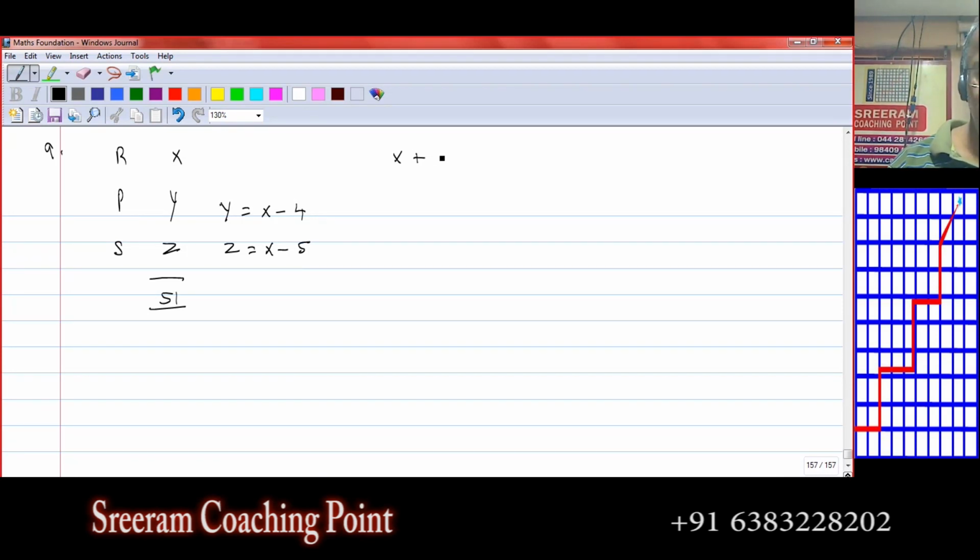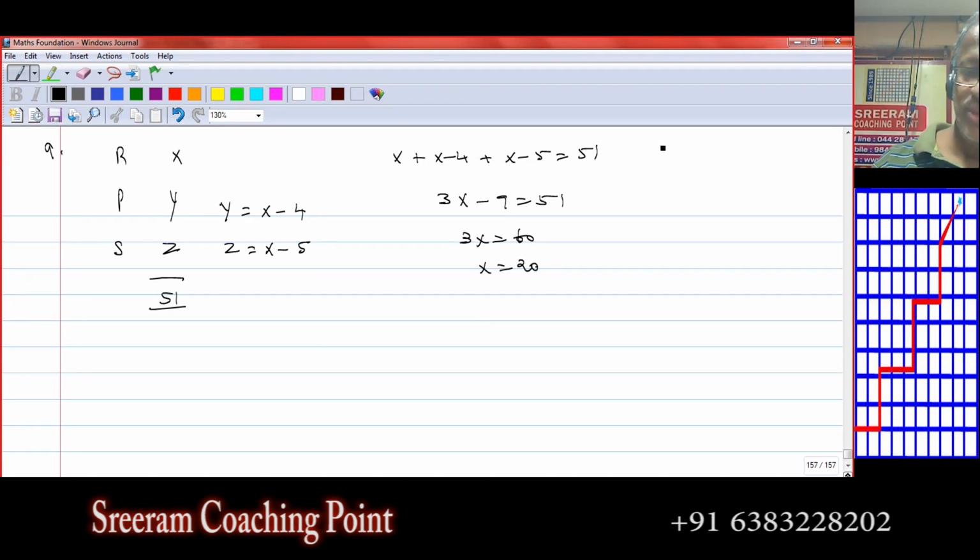X plus X minus 4 plus X minus 5 equal to 51. 3x minus 9 equal to 51. 3x equal to 60. X equal to 20.